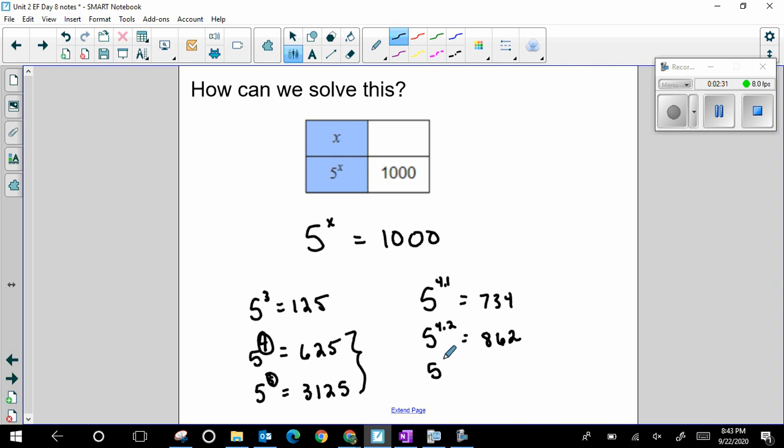And then we go 5 to the 4.3, which jumps to 1012. So somewhere between 4.2 and 4.3 is a number that's going to get us close to the power that we need to take 5 to in order to get 1,000. So we need a more efficient way to solve this.